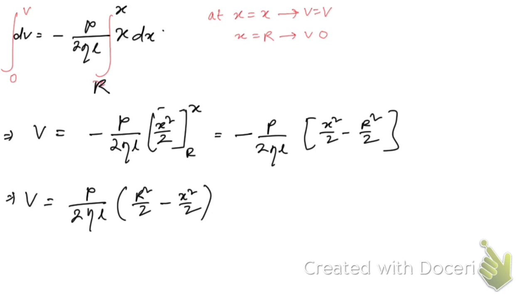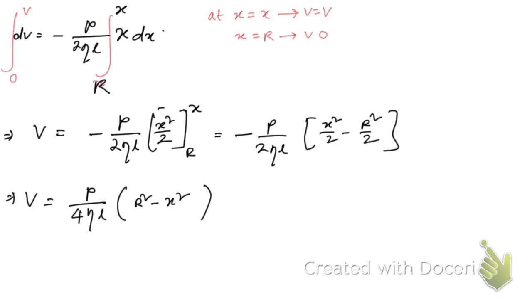And if you take this half common, then you're going to have here r square minus x square, and here this 2 is going to be 4. That's what we're going to get. Hope you have understood this.